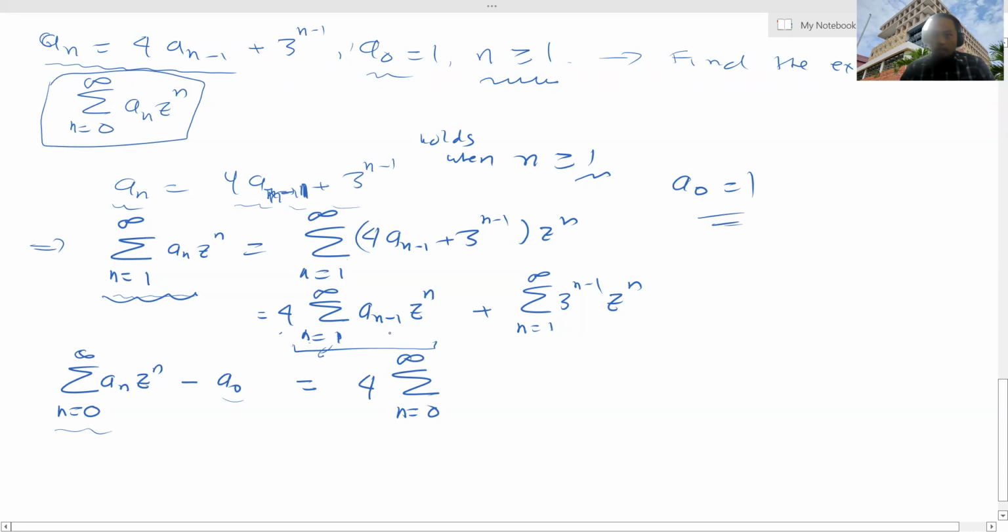If we subtract the starting index by 1, then we add 1 to the subscript and the power. Therefore the occurrence of n inside the summation, you add 1. So this becomes a_n instead of a_{n-1}, and z to the power of n plus 1.